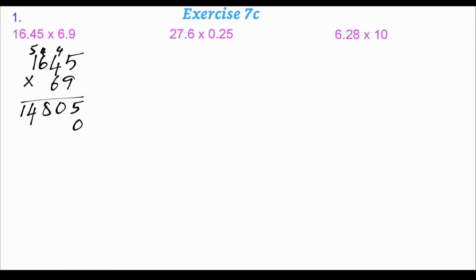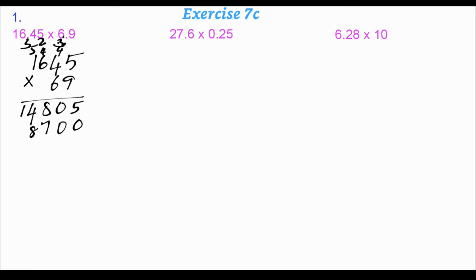Then 0. 6 5s are 30. 6 4s are 24. 24 plus 3 is 27. 6 6s are 36, 37, 38.